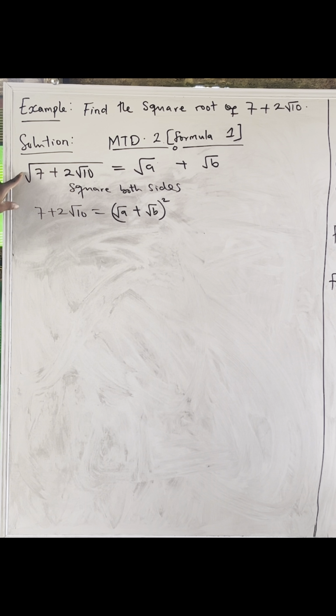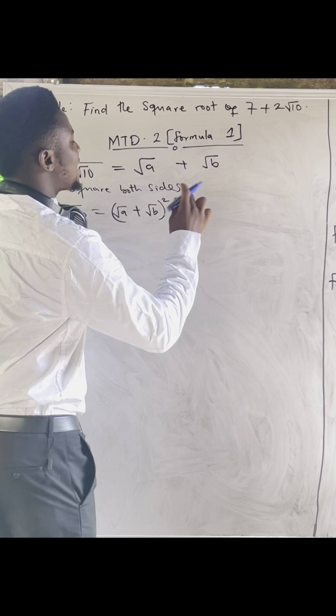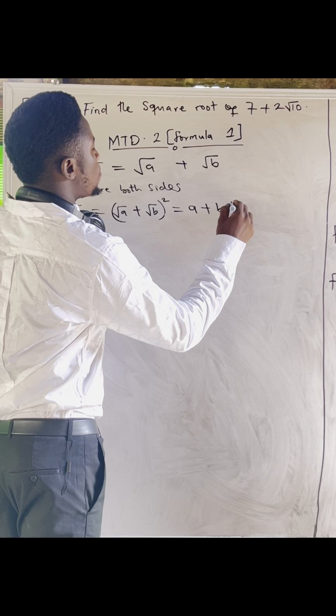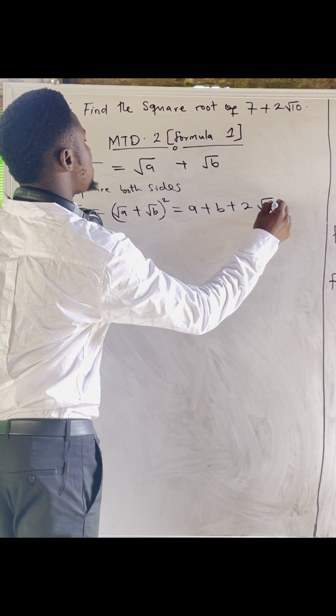The square root will just come to the other side. Now if I simplify this expression, I'm going to get A plus B plus 2 root AB.